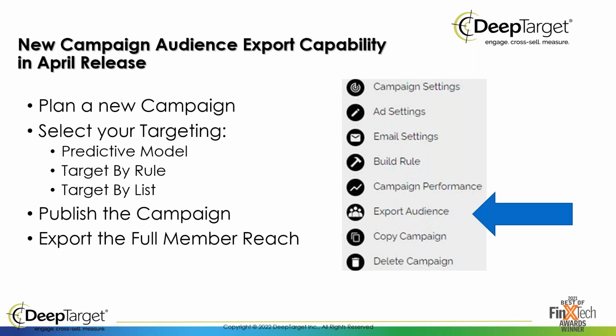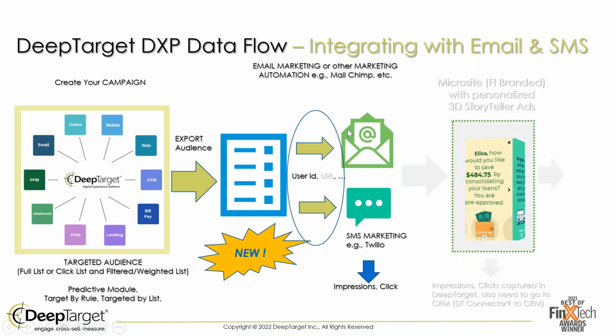And this will allow you to export the resulting audience, the full number of people that campaign reaches, so that not only is your campaign deployed in Deep Target in your digital channels, but you can take that audience list and go straight over into an email or SMS environment and also engage your users in that method. And we know many of you are already undoubtedly using email, and some of you are using SMS, and you're generating lists alongside perhaps what you're doing in Deep Target.